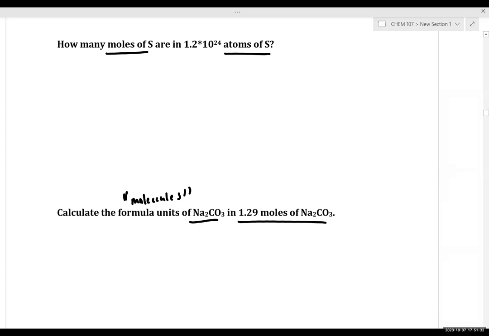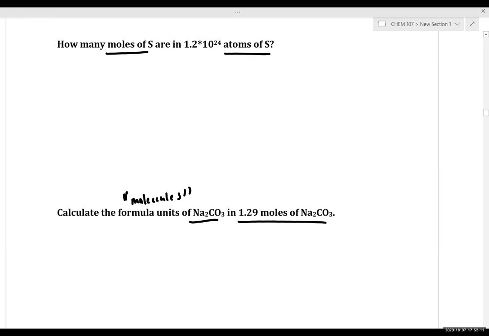And just like we can use Avogadro's number to go from moles to atoms, we can use Avogadro's number to go from moles to molecules or moles to formula units. It's all the same process. Does that make sense? Yes, so it's basically asking calculate the molecules of sodium carbonate from moles. Exactly. All right, thank you.